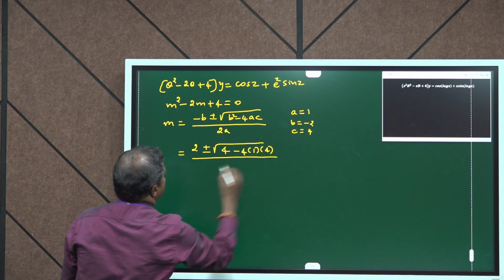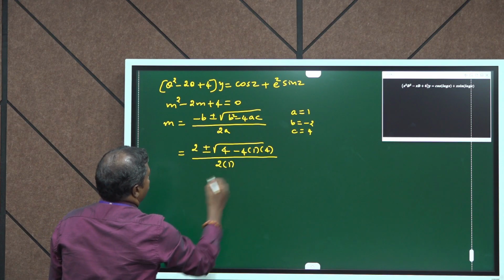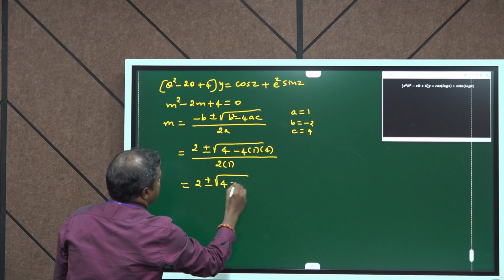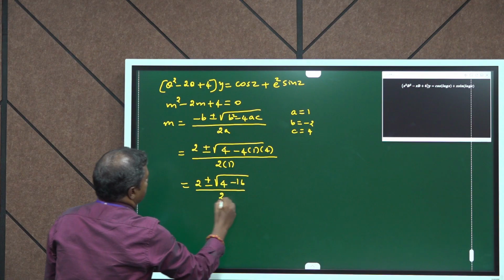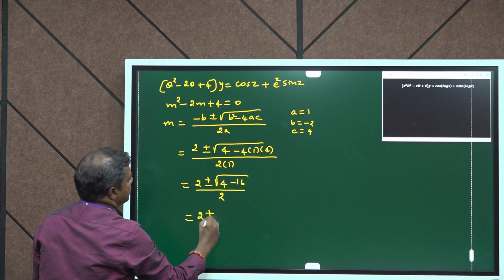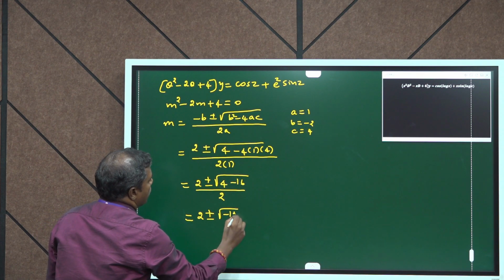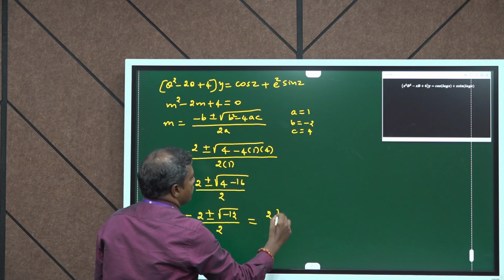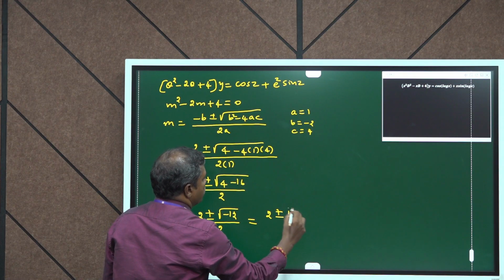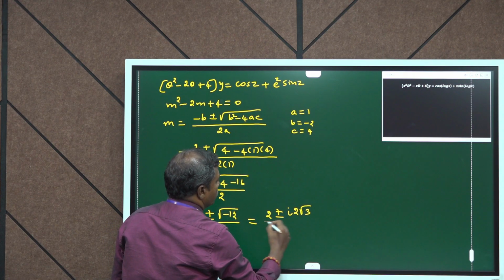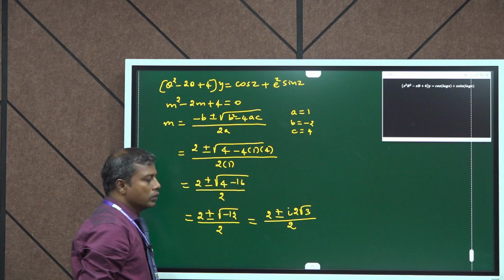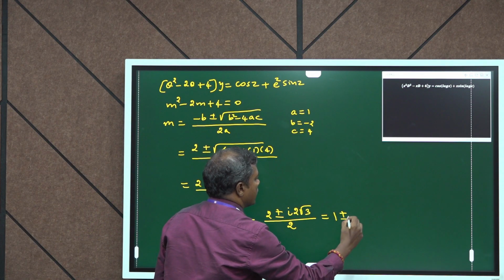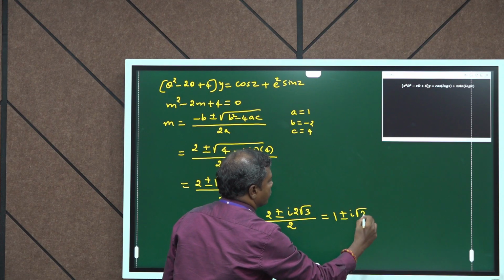So we get 2 plus or minus root of 4 minus 16 by 2, which is equal to 2 plus or minus root of minus 12 by 2, which can be written as 2 plus or minus i into 2 root 3 by 2, which is equal to 1 plus or minus i root 3.